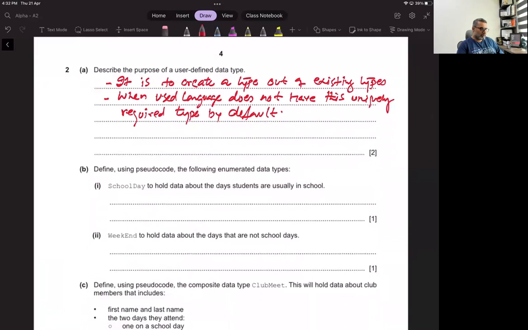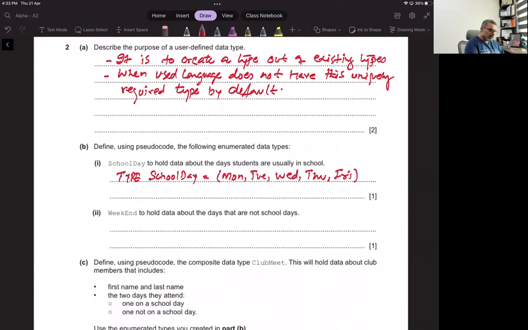Define using pseudocode the following enumeration data types. School day, to hold data about the days the students are usually in school. So this will be type school day is equal to Monday, Tuesday, Wednesday, Thursday, and Friday. So this is your type.